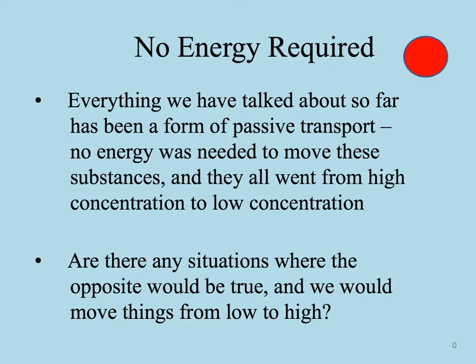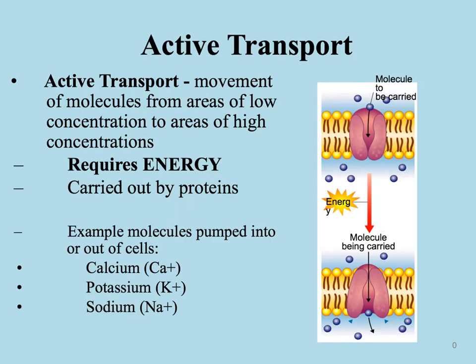So there are opportunities, or there are needs, I should say, of the cell to move things against the concentration gradient. So instead of going from high concentration to low concentration, particles are going to need to move from an area of low concentration to an area of high concentration. And we call that active transport.